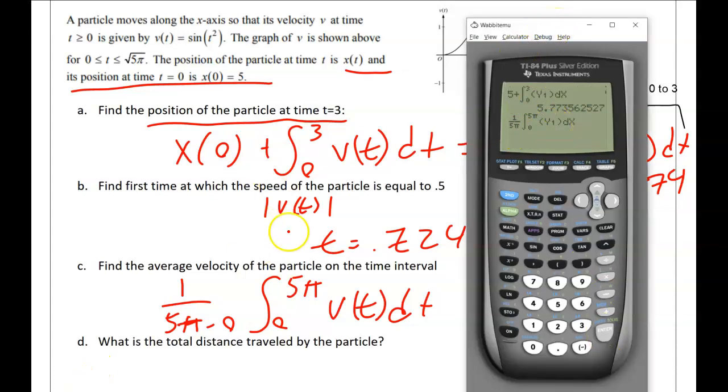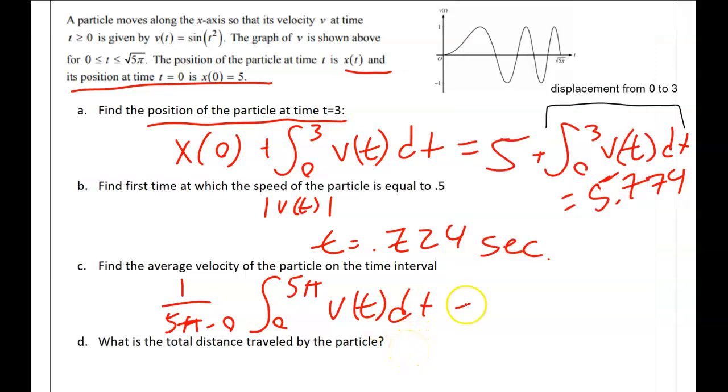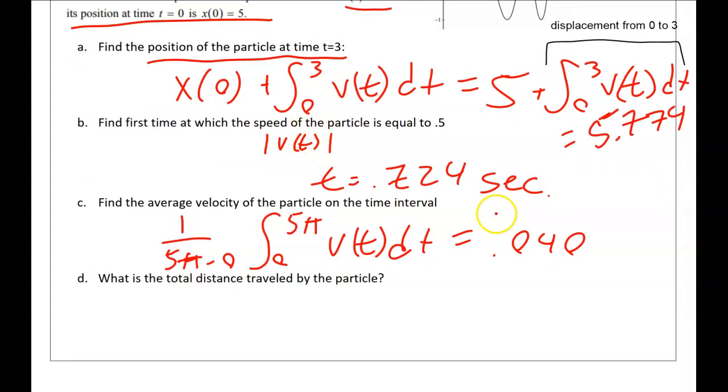V of t is y1, and it has to think quite hard for this one. There we go. That is my average velocity. So I'd say it would be equal to 0.040, I could say. And again, I don't have units for v, so I don't need to worry about units here.